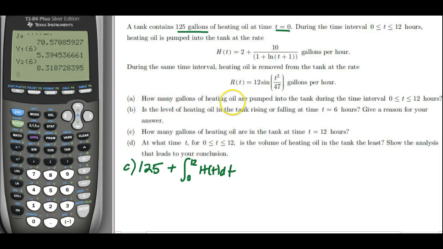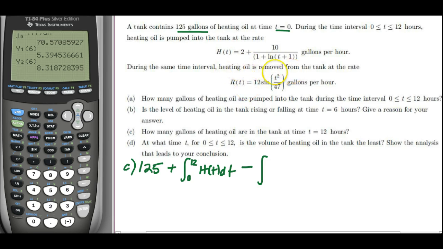So how many gallons of heating oil are pumped into the tank between 0 and 12 hours? That answer was found in part A. So how many total gallons are in the tank at 12 hours? Well, 125 was what we had to start with, plus this is my setup from part A. This is how many gallons entered during the 12-hour time frame, and I need to subtract how many left.